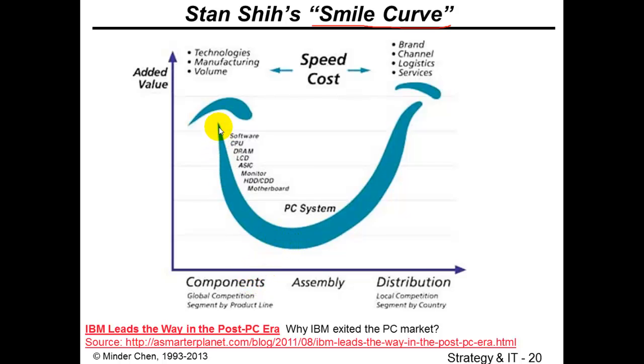The bottom of the curve means that the value added is relatively small, which means companies serving this particular segment of the market usually have very low profit margin. The high profit margin rests in branding, sales channel, and some additional services.